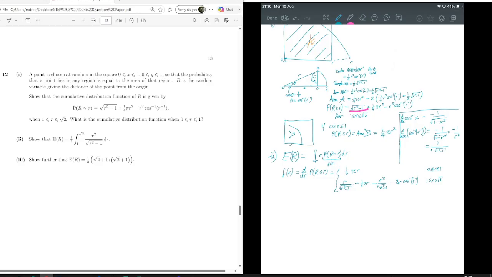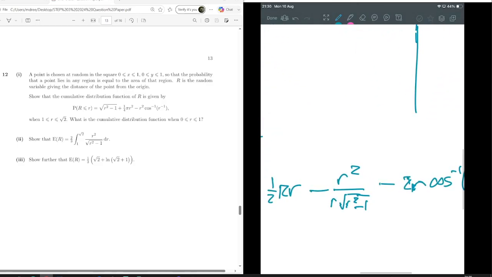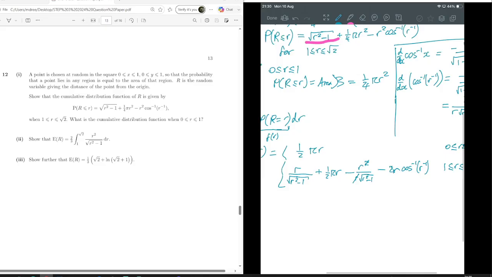So now the expectation of R is the integral of this thing times R over the limits. And it's not pleasant at all. I am going to do one thing here. Cross out the R, cross out the R. And it's really unpleasant because this thing is going into the integral.